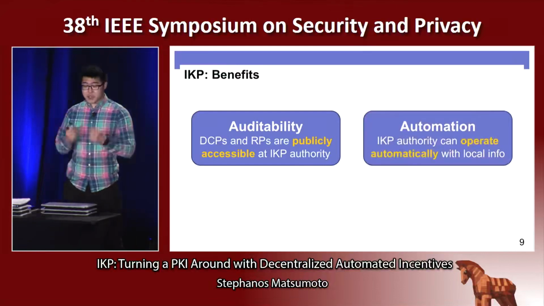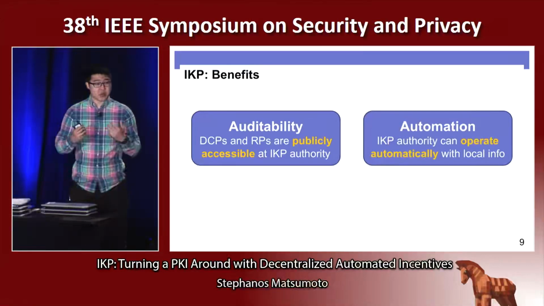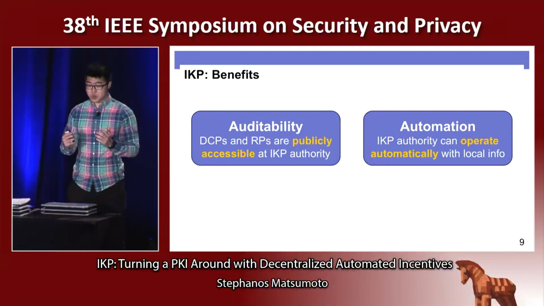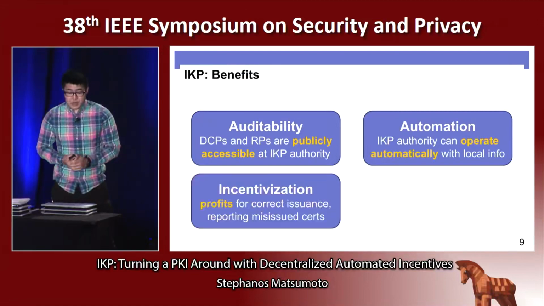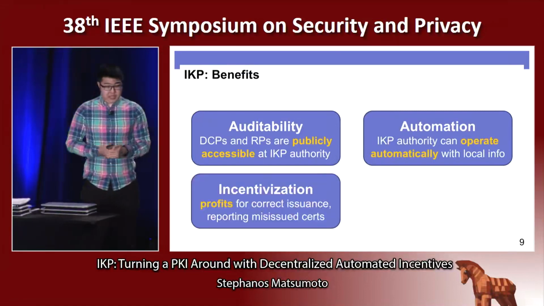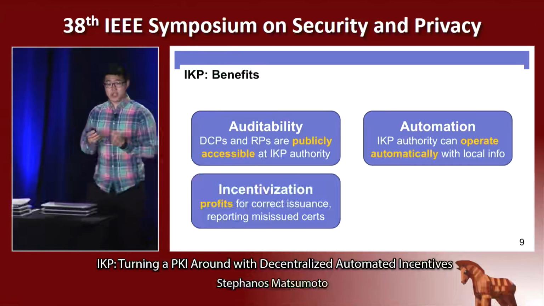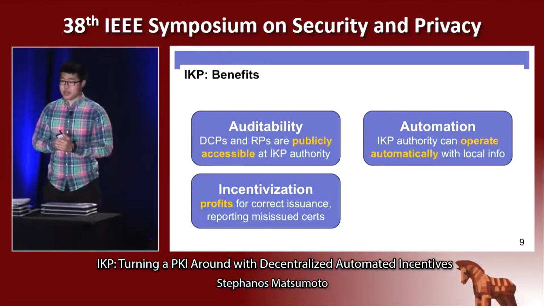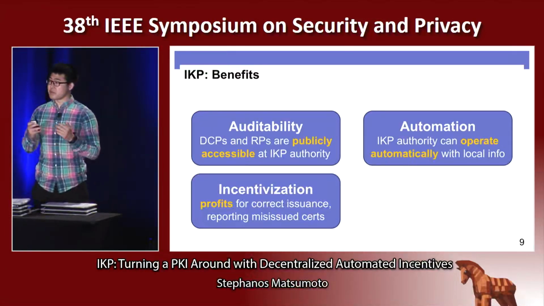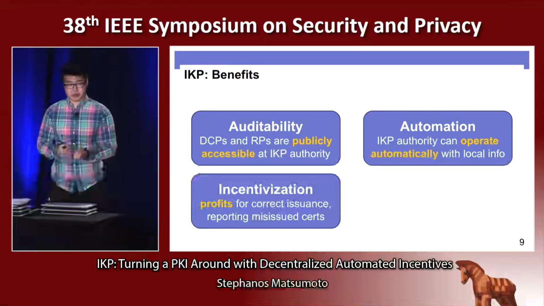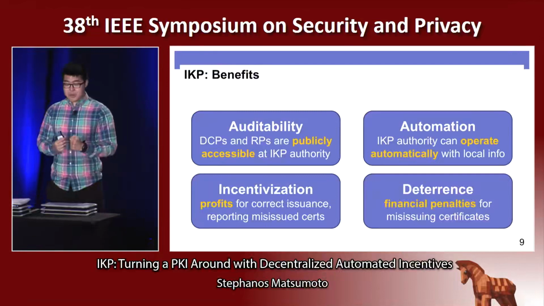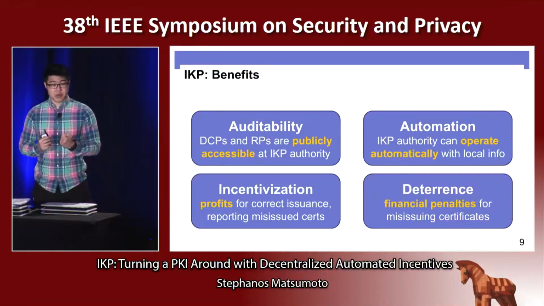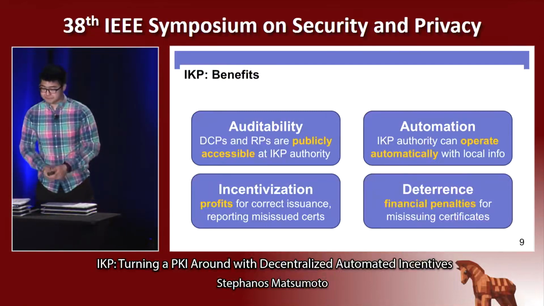We also provide automation because the IKP authority has all of the information that it needs to operate. And we also provide incentivization. Again, we've carefully adjusted our incentives to ensure that CAs who correctly issue certificates or those that report unauthorized certificates can profit. And we have financial penalties for misissued certificates.